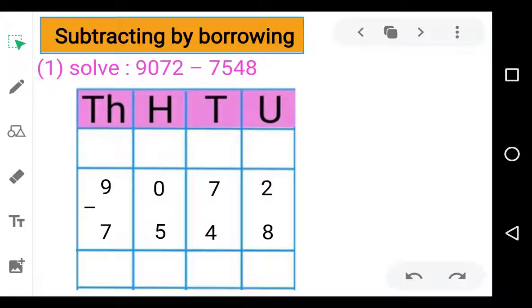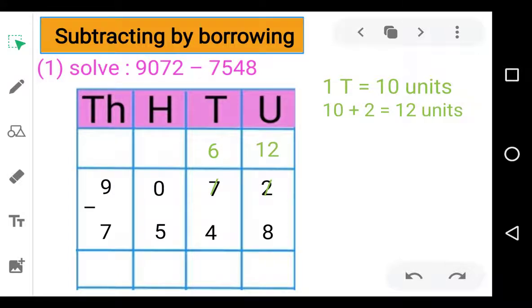Means we borrow 1 ten from 7 tens. So it will be 6 in the tens place. At the unit place, 1 ten equals 10 units, and 10 plus 2 is 12 units. So at the unit place we have 12. So 12 minus 8 is 4. Now at the tens place, 6 minus 4 is 2.